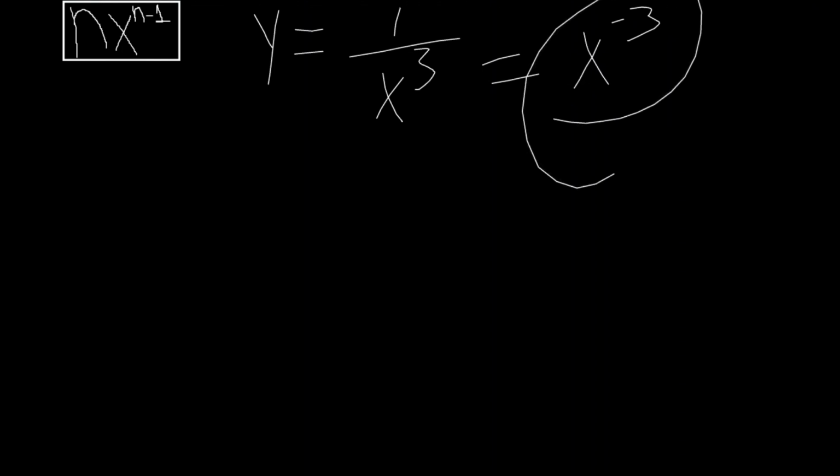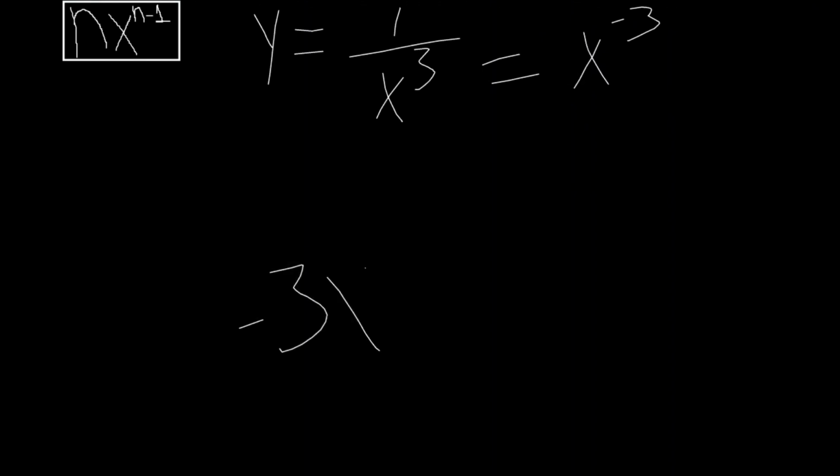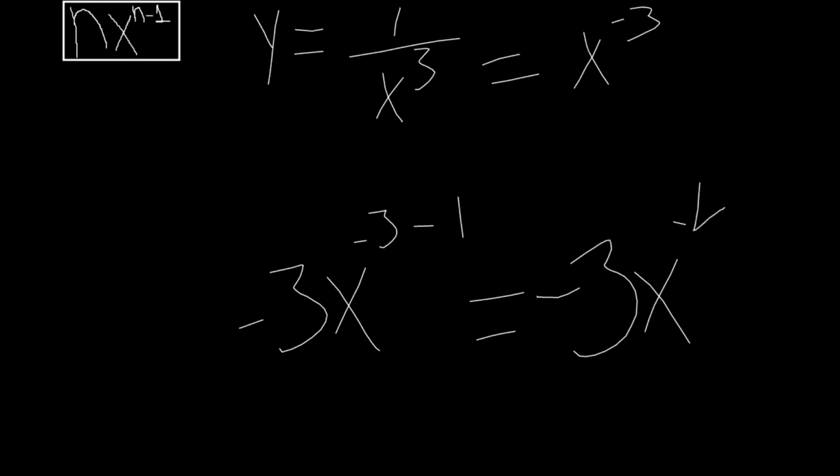And now we can apply power rule in this example. So we bring down the negative 3 as a coefficient, x, and then we have negative 3 minus 1. Although we do have a negative exponent, we still subtract 1. Any time you have a negative exponent, regardless, you will always subtract 1. So this is just negative 3x to the negative 4.